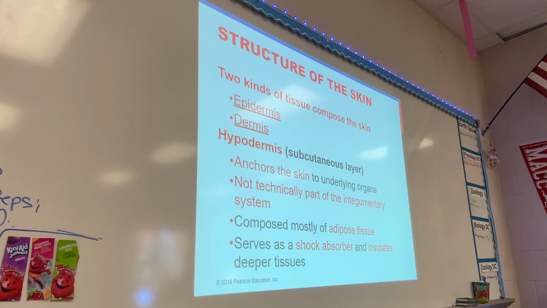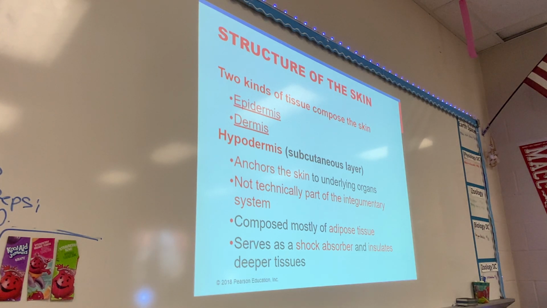So going back to the skin and the skin layers, the skin has two main layers. We have the epidermis and the dermis. There's also something called the hypodermis, but technically the hypodermis isn't part of the integumentary system. The hypodermis is underneath and it is mostly composed of adipose tissue, but it's really not part of the skin. The skin itself is really just the epidermis and the dermis.